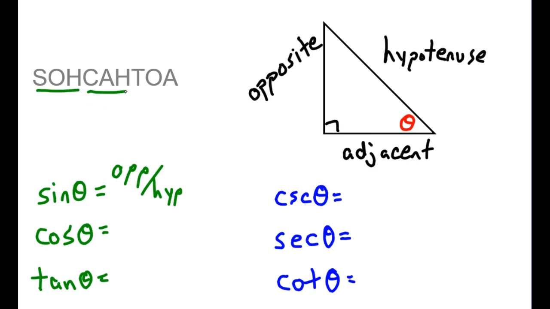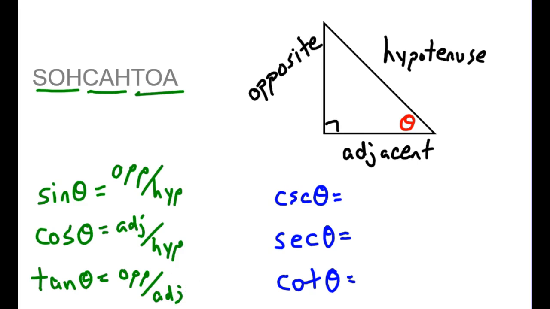CAH stands for cosine: cosine of theta is equal to the adjacent side divided by the hypotenuse. Then the last part, TOA: tangent of theta is equal to the opposite side divided by the adjacent side.